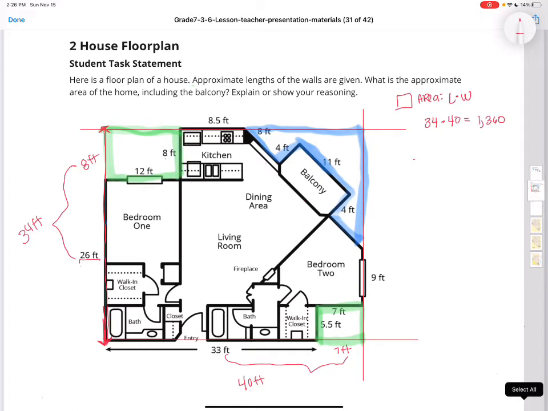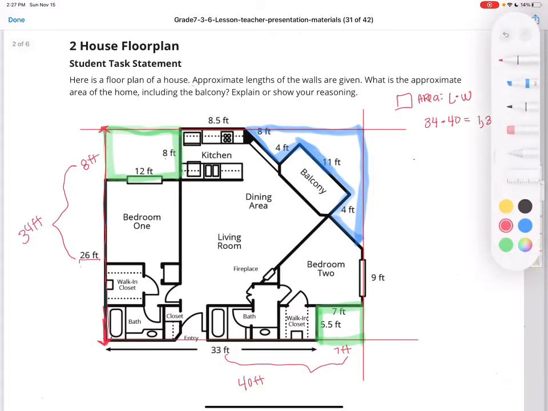Now if these pieces are missing, the ones that are highlighted, from this whole rectangle, what do you think I want to do? What can I do? If you guess we're going to subtract the areas of these missing shapes, or the highlighted areas, from the total area, you are absolutely correct.